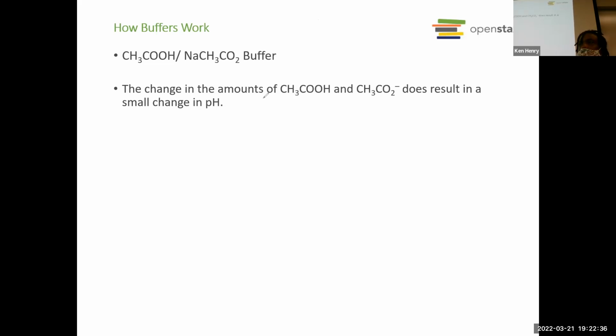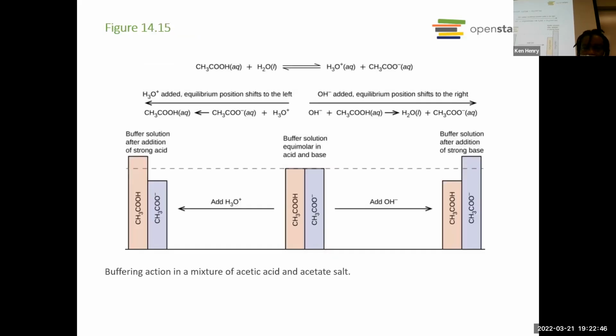A change in the amounts of your acetic acid and your sodium acetate results in a very small change in your pH. So you're spiking the solution with both, acetic acid and acetate.